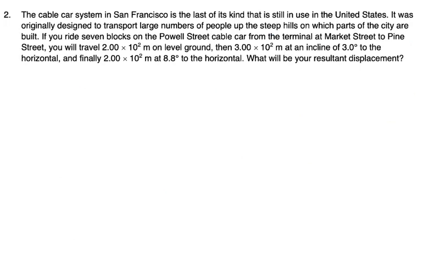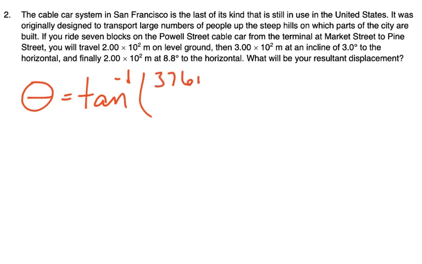So remember the way you do that is angle is equal to inverse tangent of your y component, which was 376 meters in the y, divided by your x component, which was 1368 in the x.